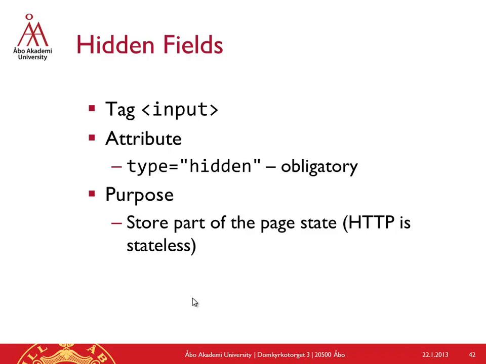And if you are familiar, for example, with ASP.NET, you will know that one of the features or advantages or disadvantages of ASP.NET is using view state. And view state is some sort of ability to store some state of user controls in your web page. And this state is stored in this type of field, in a hidden field.